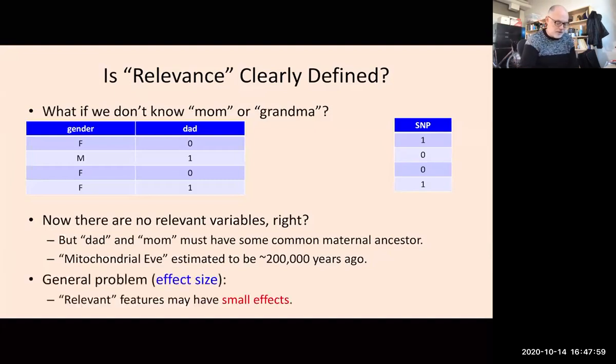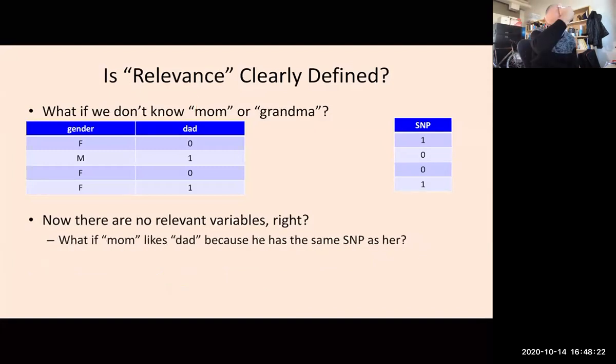The mom of us all, the great grandma of us all. So we have a general problem, which is the effect size, right? So maybe actually, the father's genetic makeup is relevant, but it might have a very small effect because there's a latent path between the two. It's quite deep.